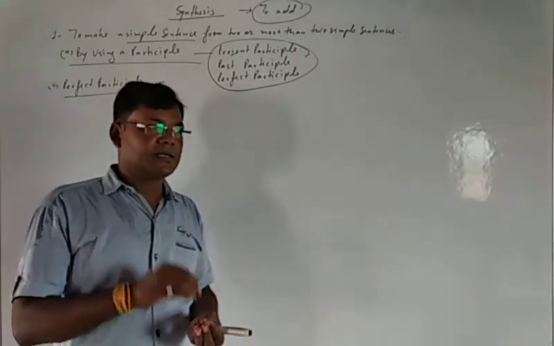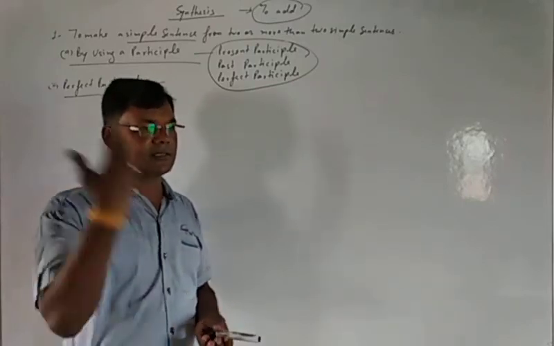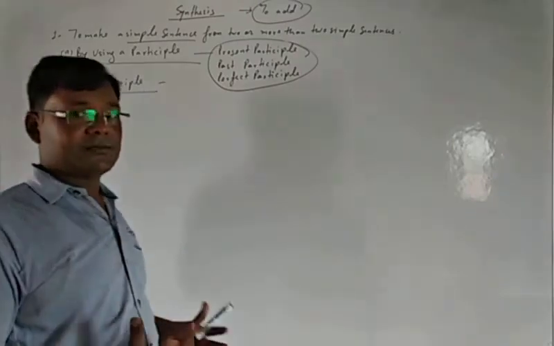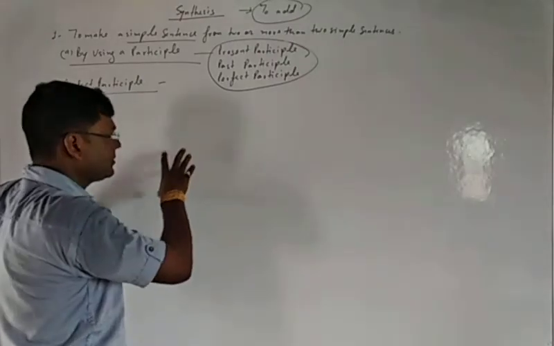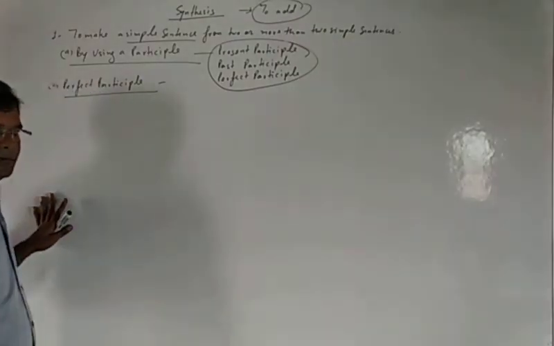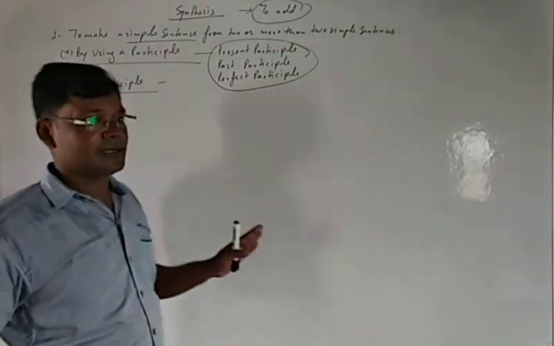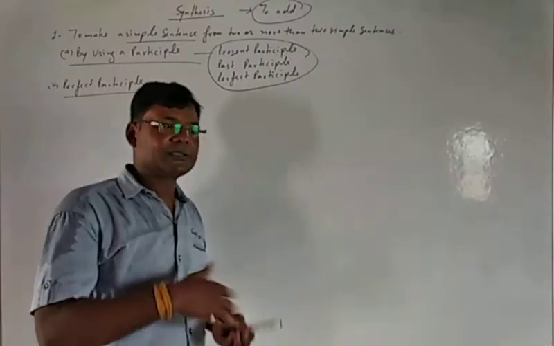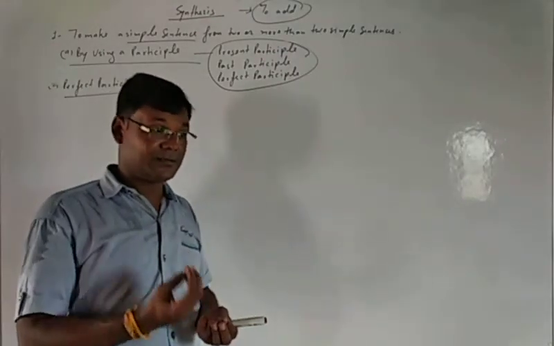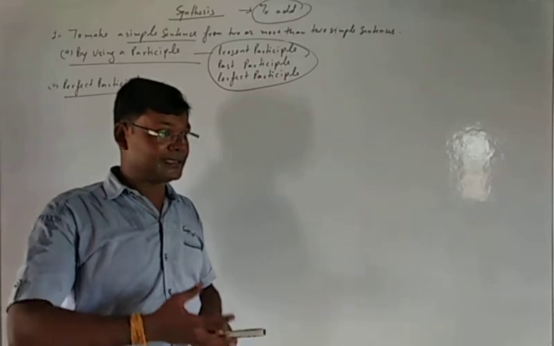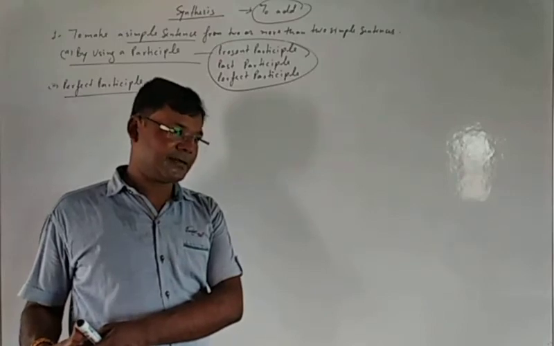That means the first work could not be complete when the second work starts. But here the first work is completed and then the second work starts. Clear? That means in perfect participle, the second work takes time to start. But in present participle, the second work does not take time to start, but it starts at once before ending the first work. Clear?